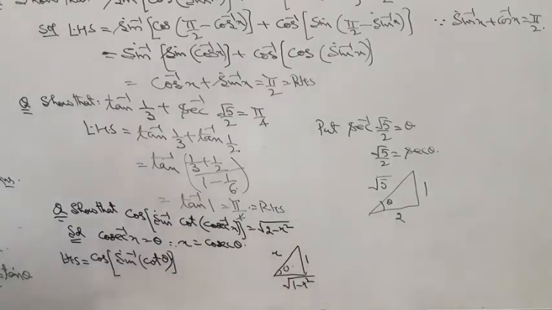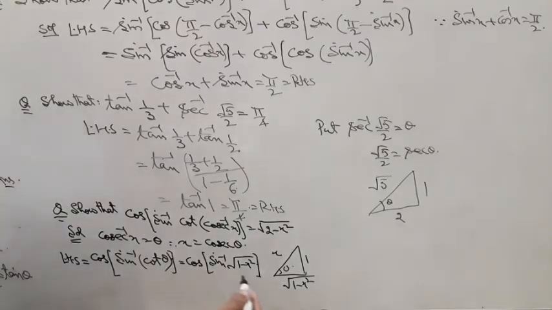So this is cos of sine inverse cot θ. Cot θ is under root of 1 minus x square. So cos of sine inverse under root of 1 minus x square.